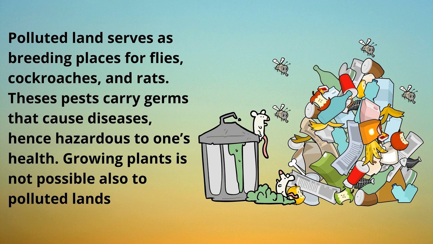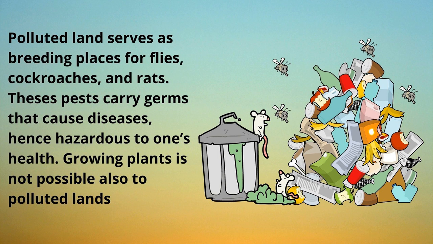So, anong implication nito sa ating mga human, sa ating mga tao? These pests will carry germs that cause diseases or illnesses to people. For example, mosquito, dyan na sila titira because may stagnant water, may empty bottle na nakabukas, walang cup, dyan natitira yung lamok.